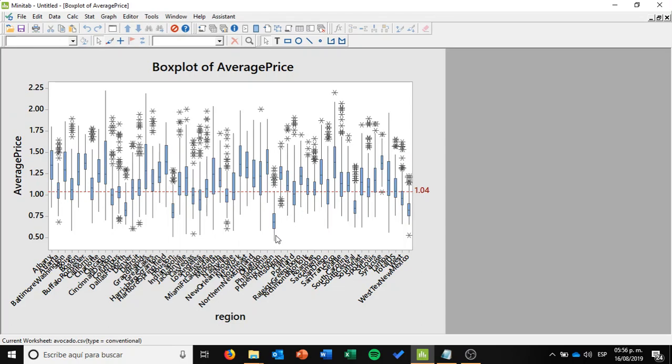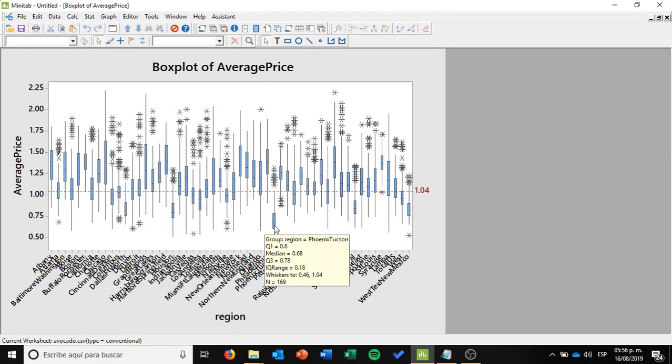If you look at just this bottom line, remember that that means the first 25%. The first square means the next 25%, and another 25% with the outliers. And what you can see is that the city with the lowest price is this one in here.